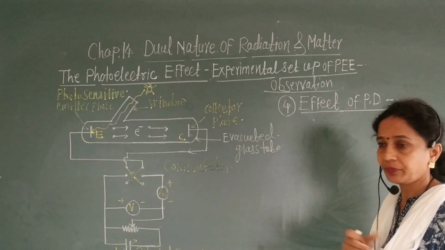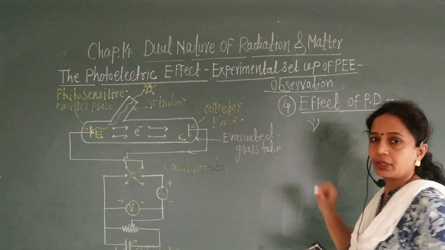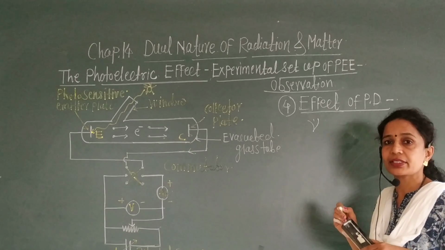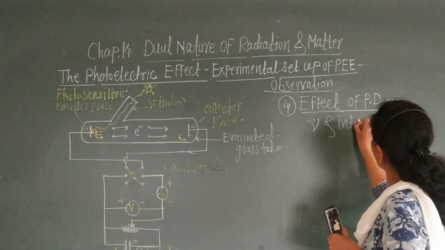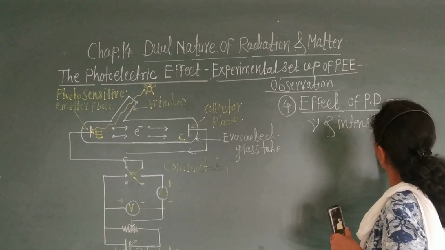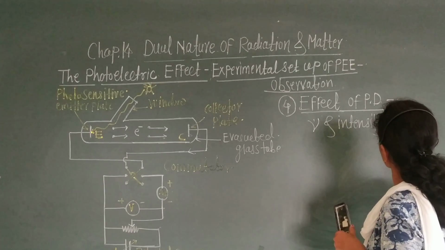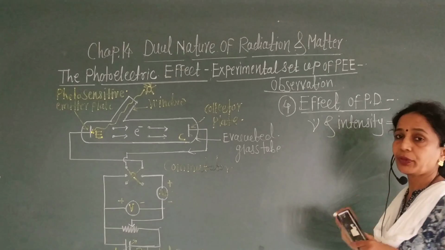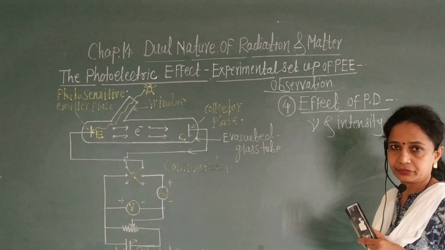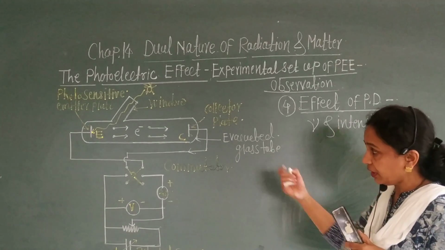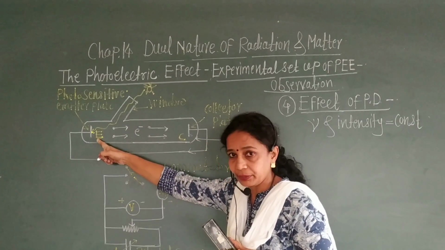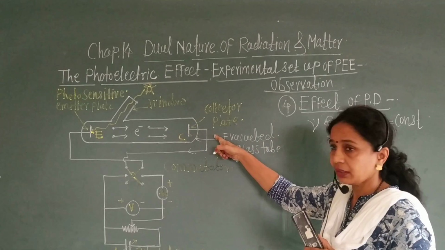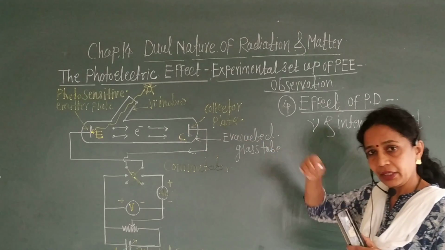In that case, nu means frequency of incident radiation and intensity of incident radiation are kept constant. Then potential in between photosensitive emitter plate and collector plate increases.